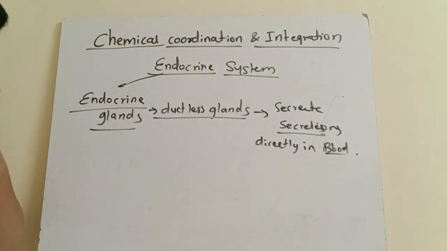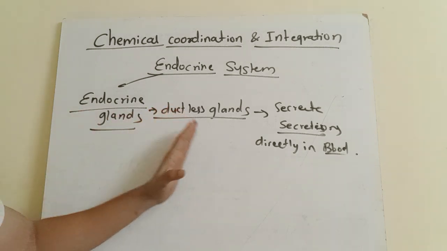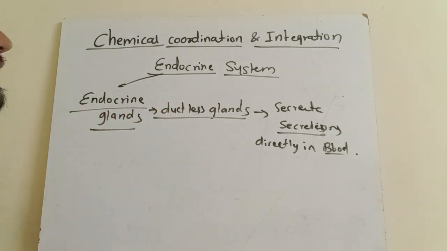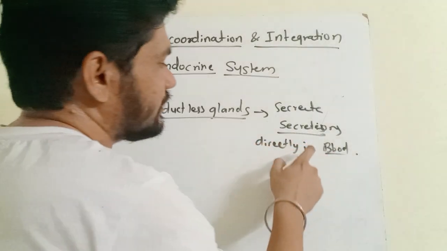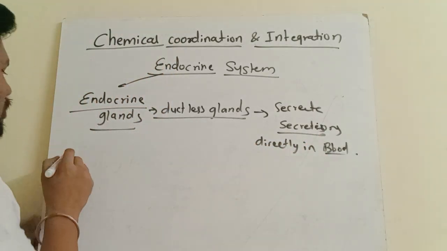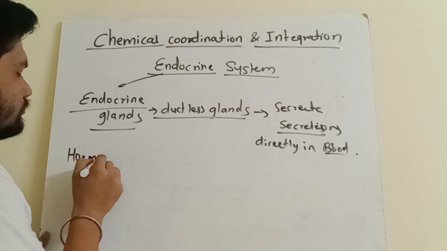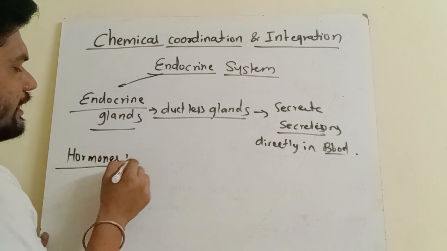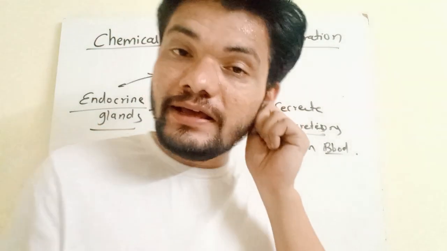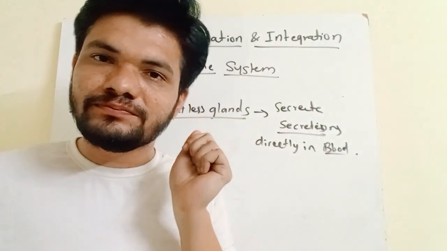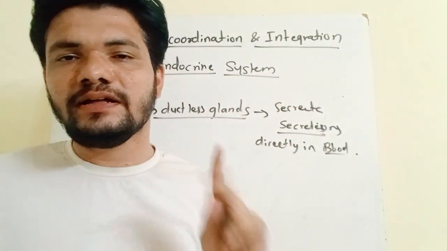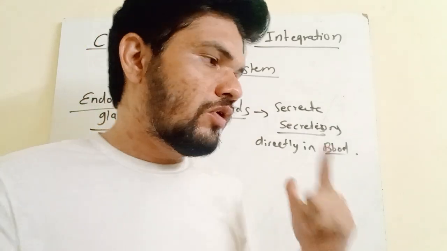So this is about the endocrine glands, the ductless glands, which secrete into the blood. Let's talk about the hormones now. As per your NCERT, there are two definitions given regarding hormones.